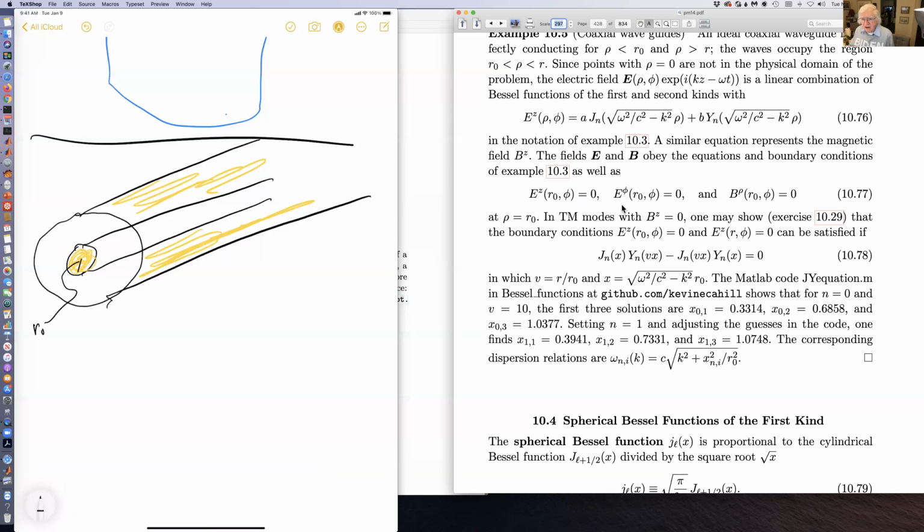Anyway, the tangential component of E and the normal component of B have to vanish at R0. The normal component is the rho component of B, and for E, it's the z and the phi components, the z component being this way and the phi component being that way.